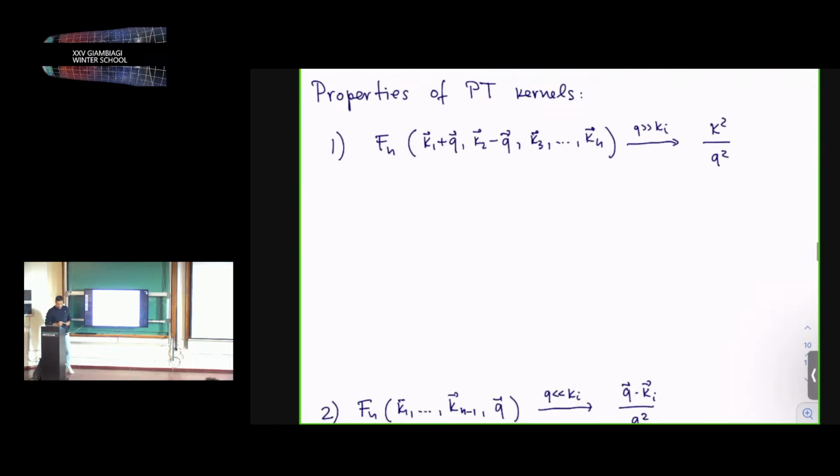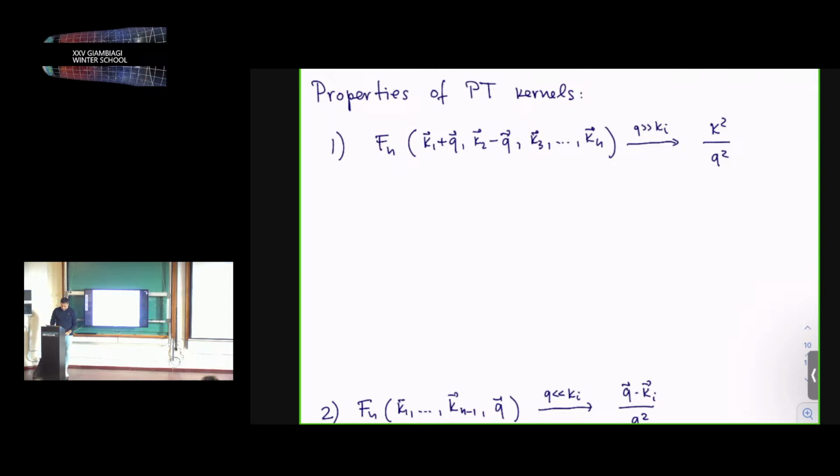This is not a coincidence, and in fact, it is a consequence of mass and momentum conservation. So the kernels are forced to behave like that because our equations of motion conserve mass and momentum. Okay? Let me maybe illustrate this.